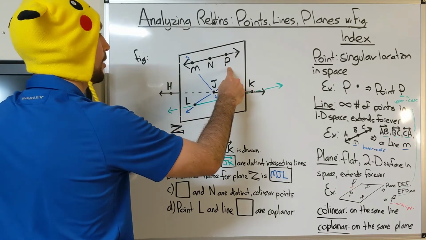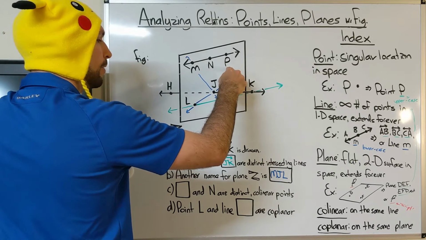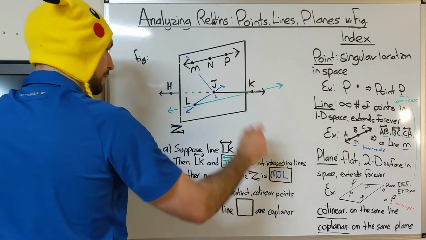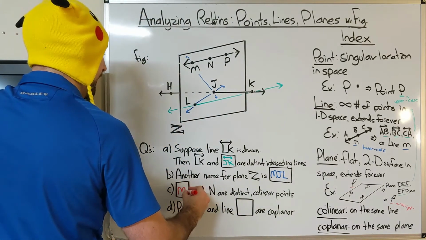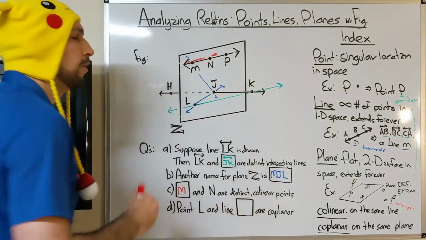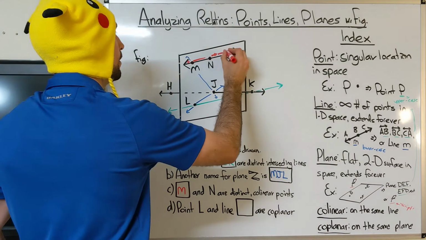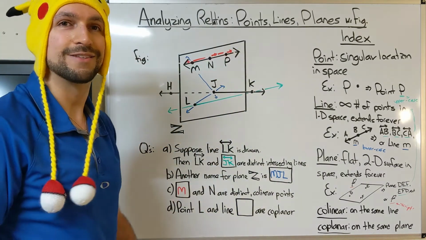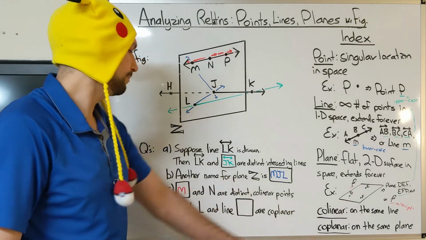Let's use that since it's there. So M and P are both collinear with N. So let's use point M, since these are certainly collinear. If we're asked for multiple points, we could choose both M and P, since all of those lie on the same line, which means they are collinear.